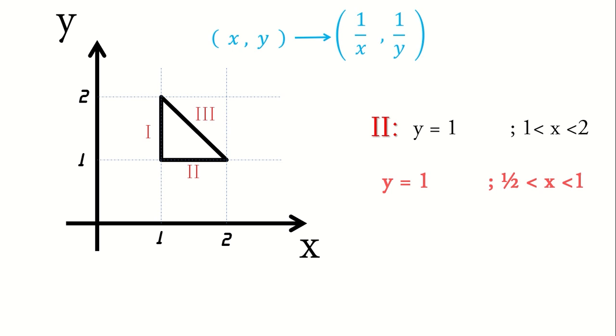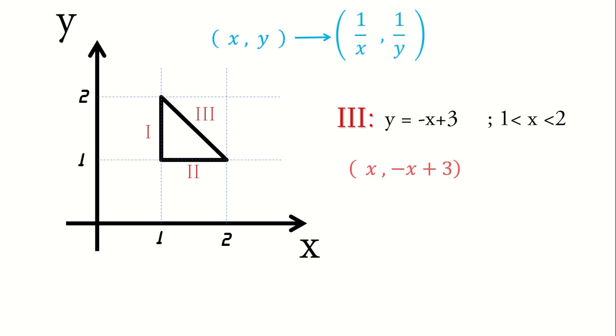And for the last one, we have y is equal to minus x plus 3. If we change it into mapping form, x and minus x plus 3 is changed into 1 over x and 1 over minus x plus 3, because we replace y with minus x plus 3. We will try to get the formula between 1 over x and 1 over minus x plus 3.